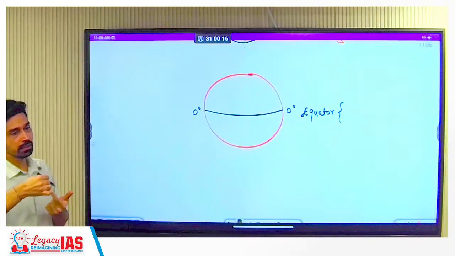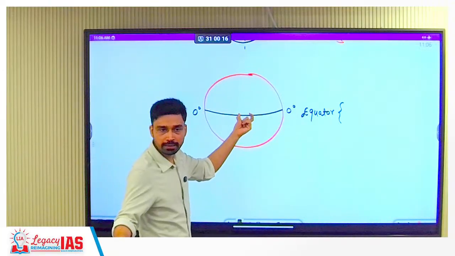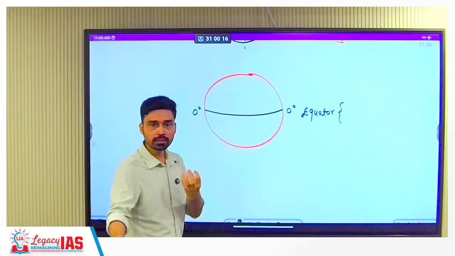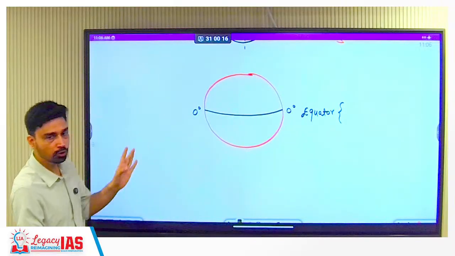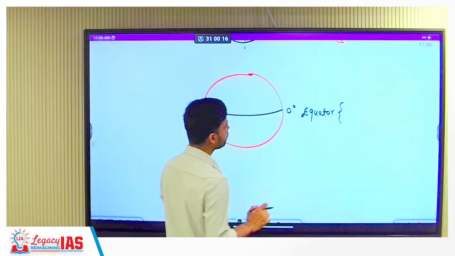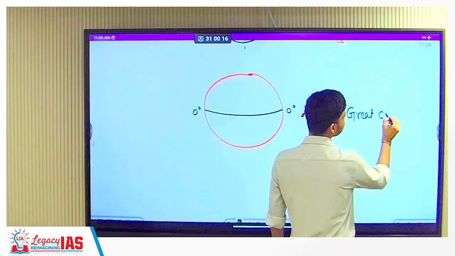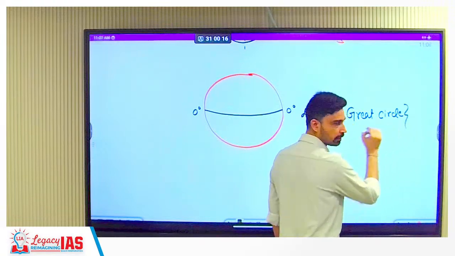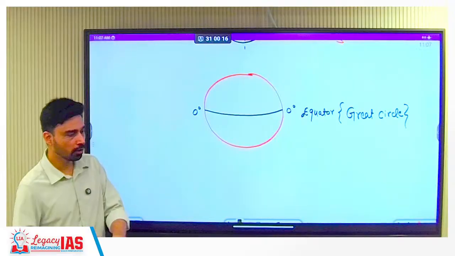So every circle of latitude that you draw will definitely be what? Smaller than this one. That means if you look at all the latitudinal circles, which is the largest, biggest circle? The circle of the equator. That's why the equatorial region or equator latitude is also referred to by what term? Great circle. Okay, because it is the greatest circle, the largest circle that you can draw on the Earth.